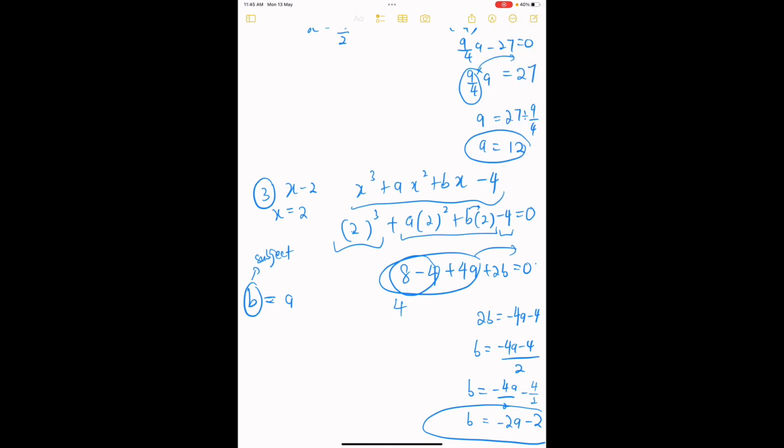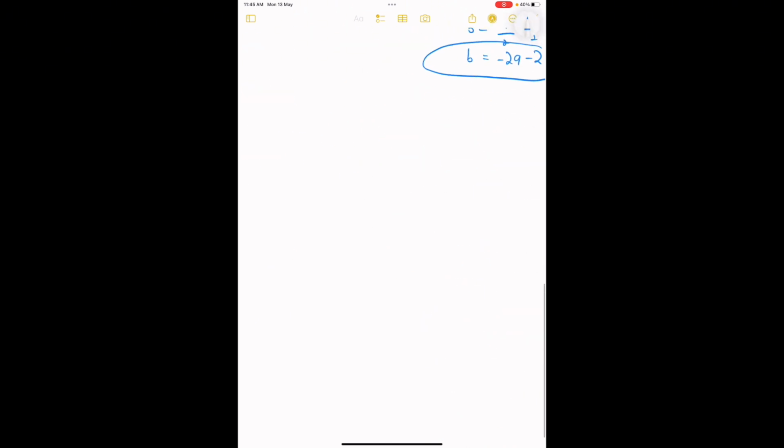Next, we move on to number 4. x squared plus 3x minus 10 is a factor of x3 plus ax squared plus bx plus 30. The question asks you to find the value of a and b.